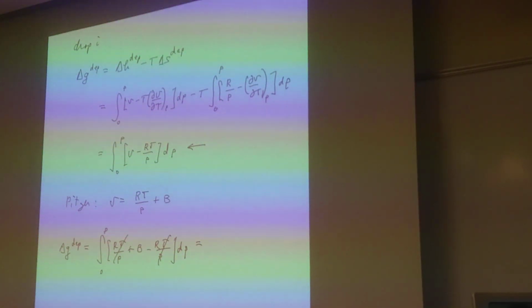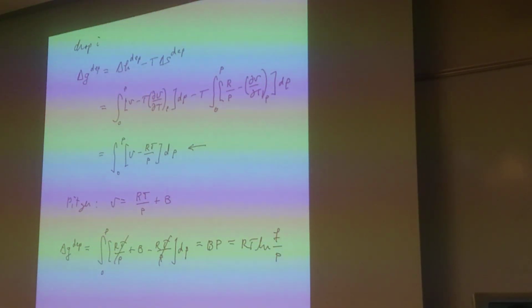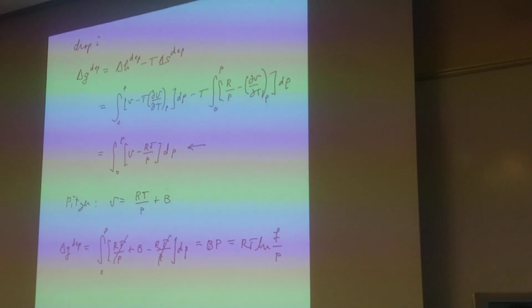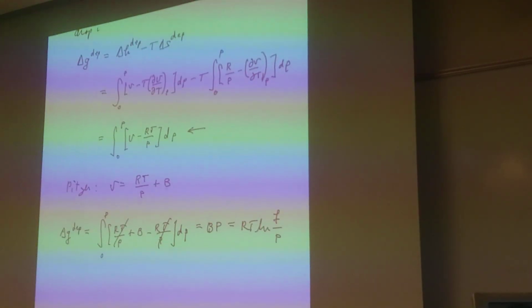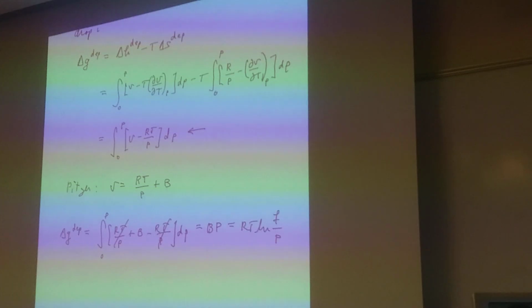This is going to end up being just B times P, and remember that's RT logarithm of F over P. So I end up with my first result here, that the fugacity of a pure Pitzer gas can be written as P times exponential of BP over RT.